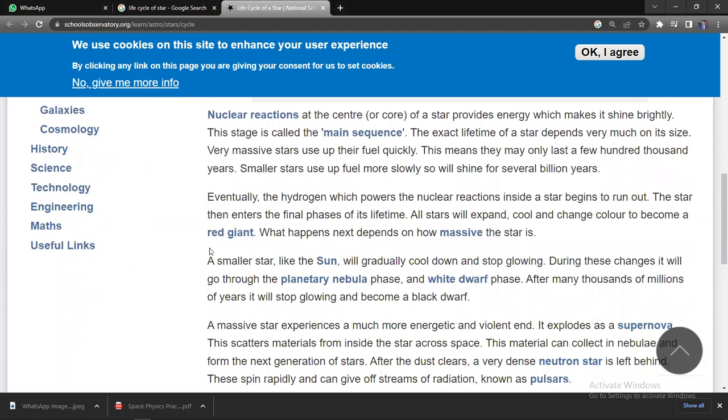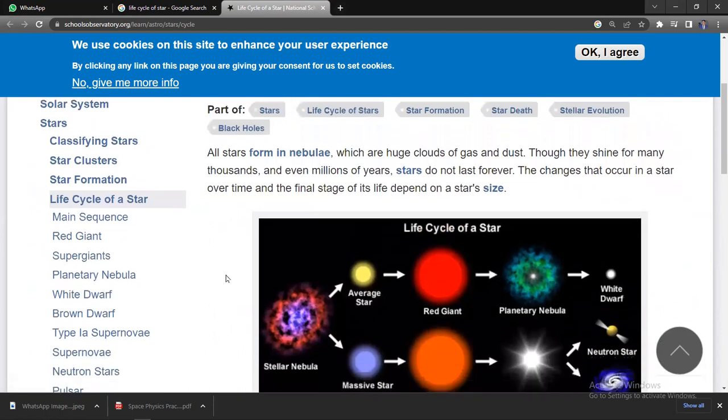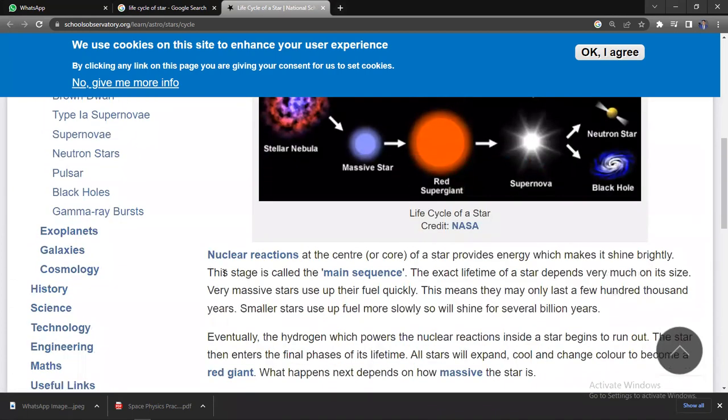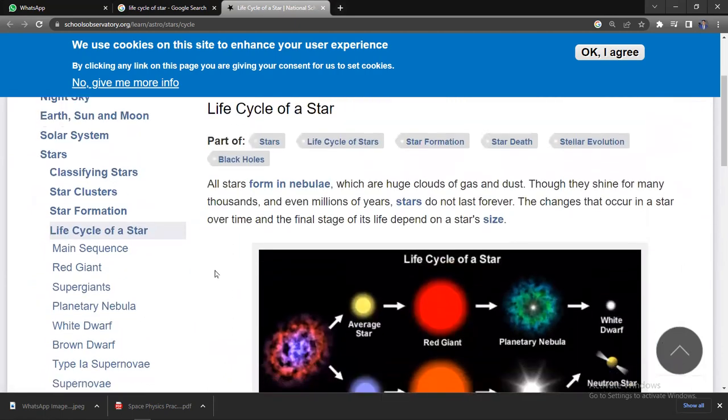I have also written this answer. So if you want me to start from the start, all stars form in nebulae, which are huge clouds of gas and dust.